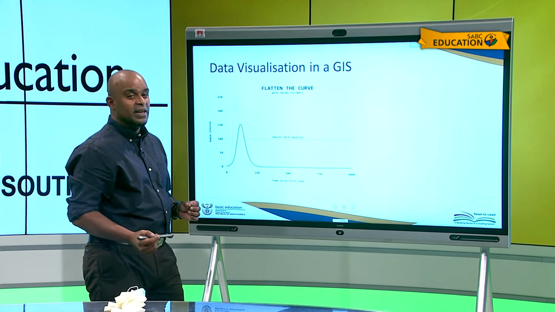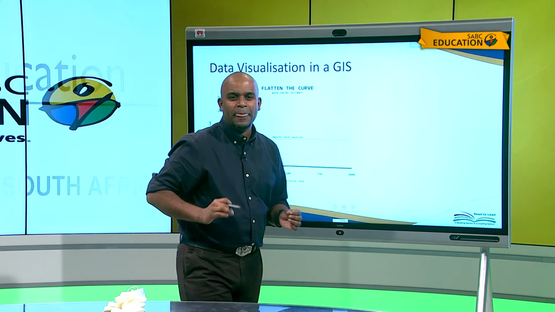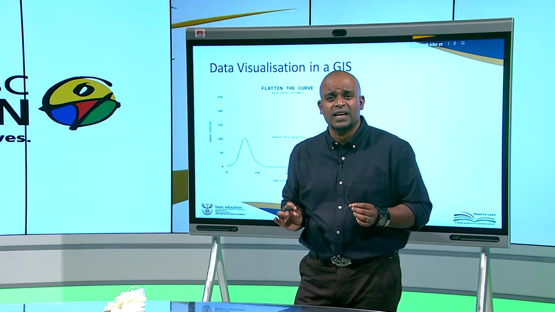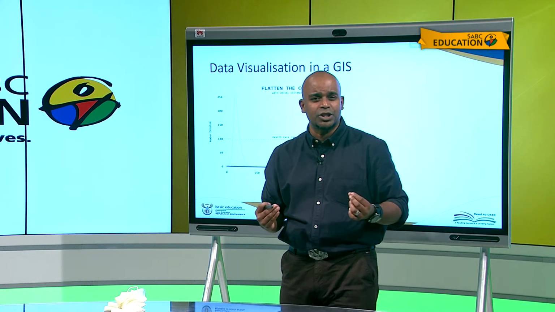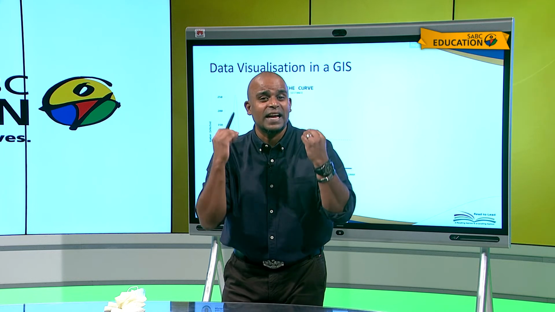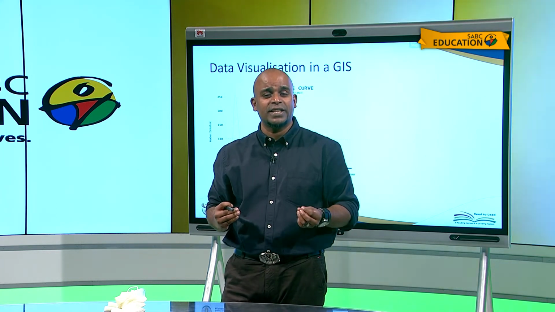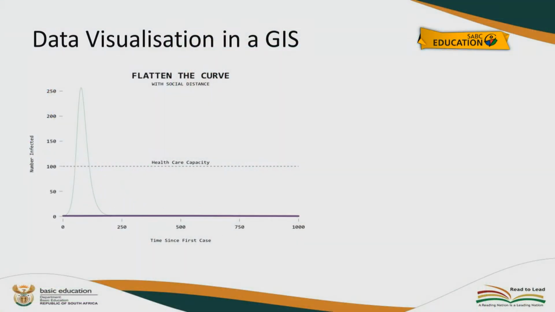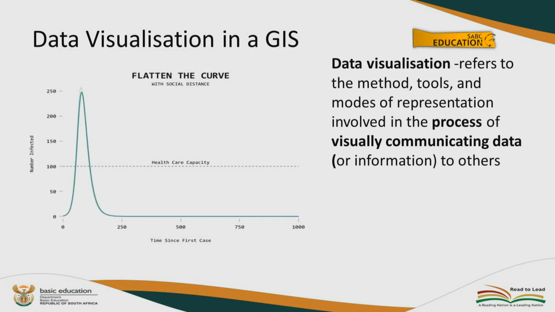Looking at the next one, data visualization. Now, when the president visits the National Command Center, he needs to see information. A GIS helps to better understand all that information collected for decision making. Again, we have the flattening curve, and you'll note the following. Let's start off with a definition.